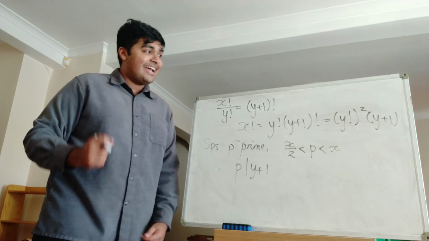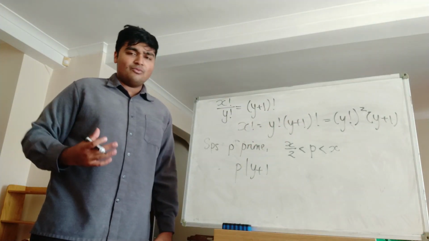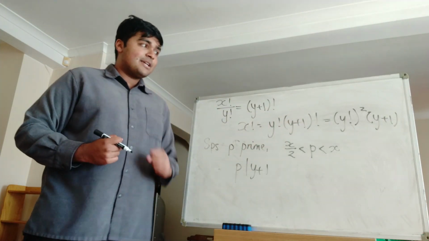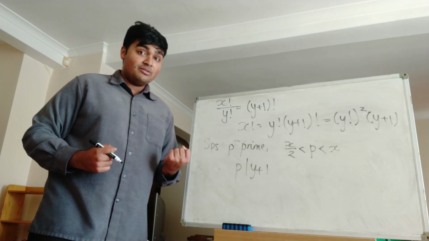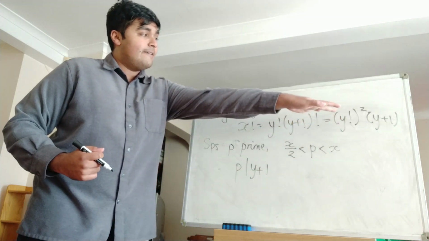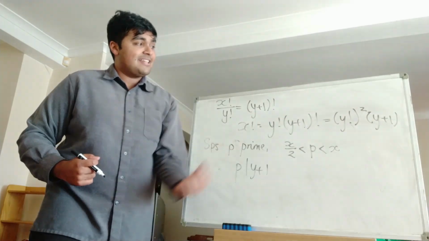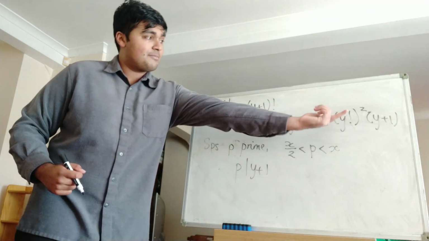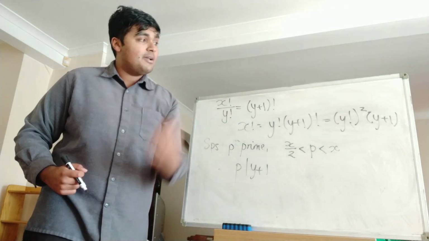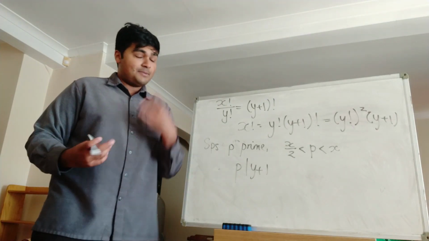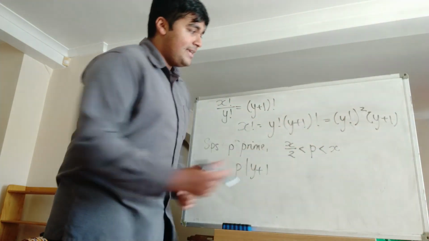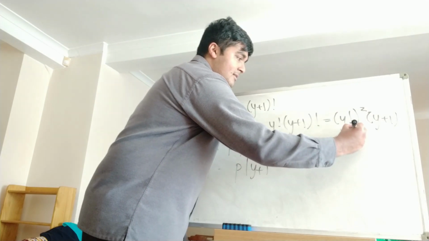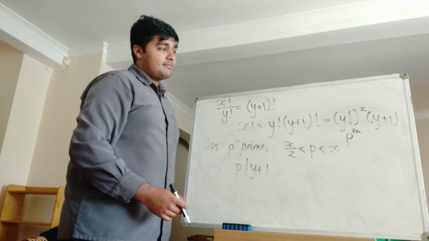But we can't have that p is a factor of y factorial as well, because if p was a factor of y factorial, then when we compute this right hand side, we're going to have p to some positive even number times p, p to the power of 1, sorry. So we'll have p to the 2k here. This is if p divides y factorial.